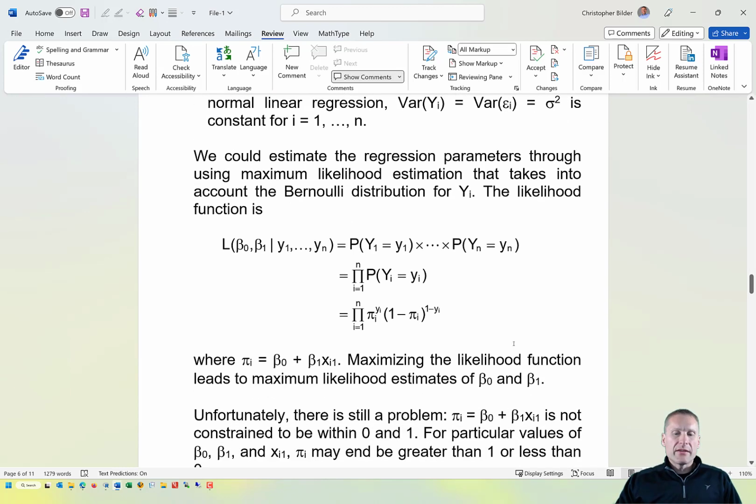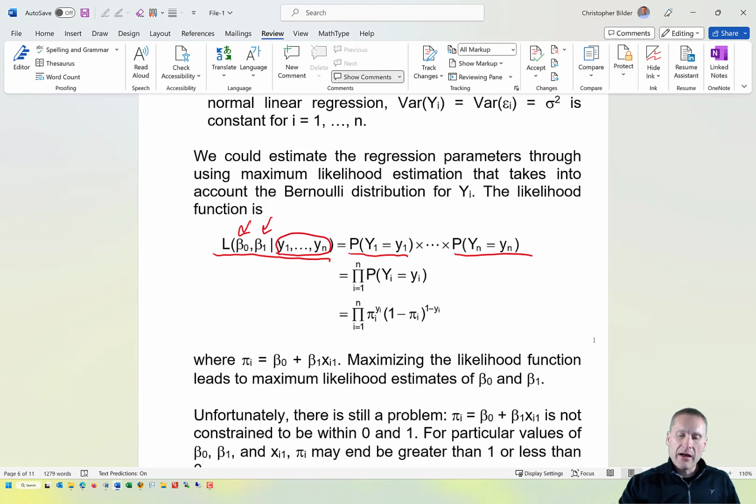So what we could do instead is use maximum likelihood estimation, as we've done before. So here's our likelihood function where we have two regression parameters. Let's say, again, we just have a simple model with just one explanatory variable. We have two regression parameters that we need to estimate, beta 0 and beta 1. And remember, with the likelihood function, we say that's given my observed data. Just like how we've written a likelihood function before, we write it out in terms of the product of the probability that y sub i is equal to a particular value, 0 or 1, or little y sub i.